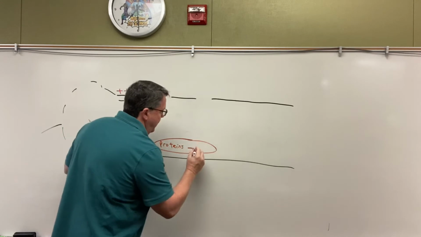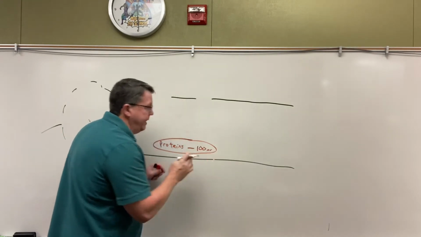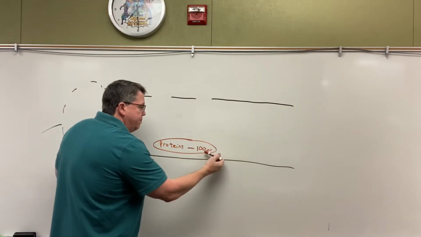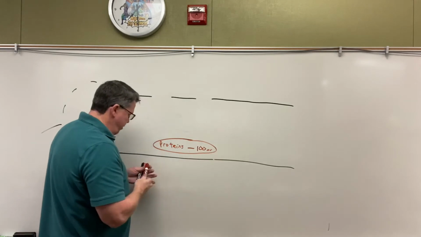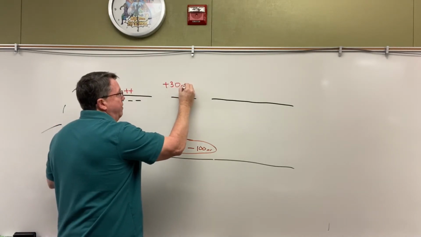So here's the thing. Let's say that this protein has a charge of negative 100, but outside we have a charge of positive 30.